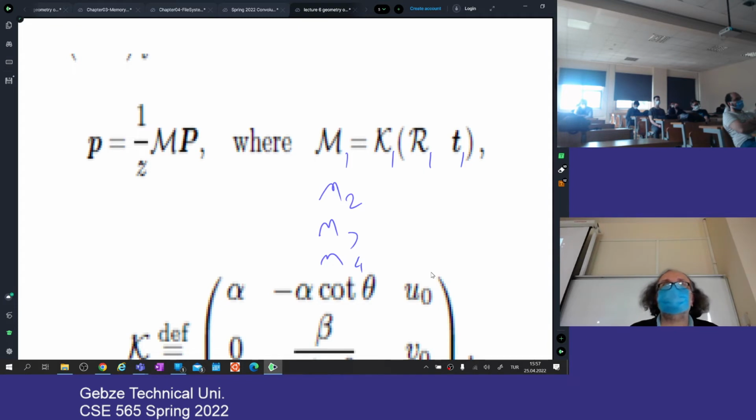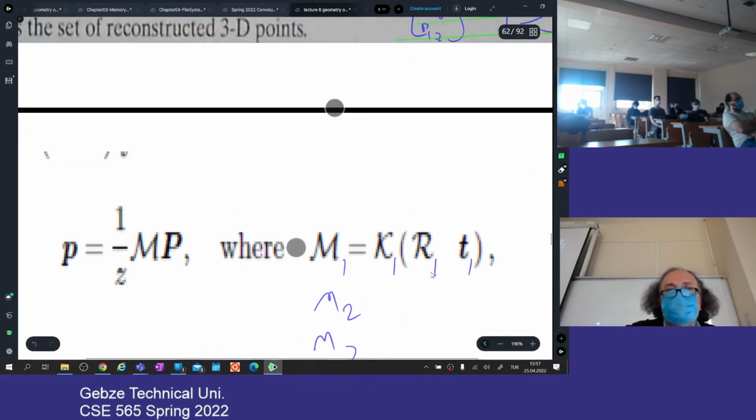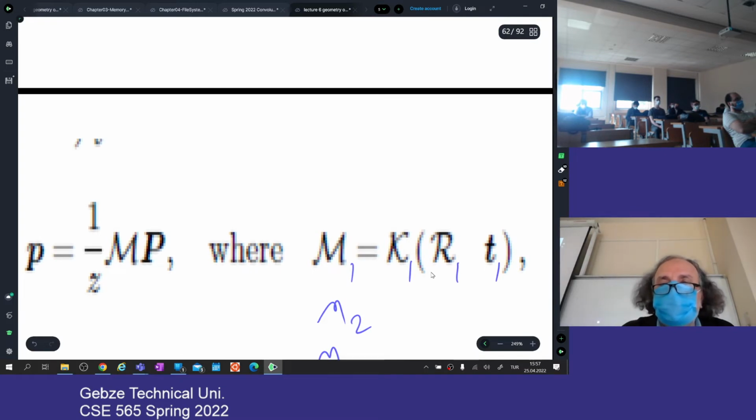I have the correspondence between these 4 cameras, and using the cameras, I'd like to find the real 3D point of a given point. So let's say I have this point P, camera 1, camera 2, camera 3, and camera N. They all see it.